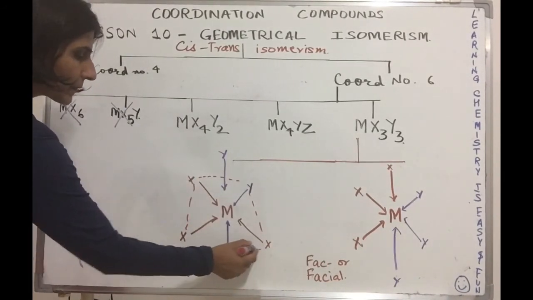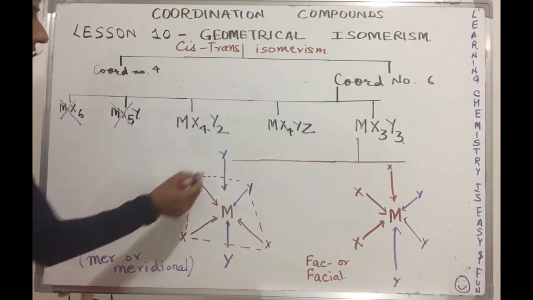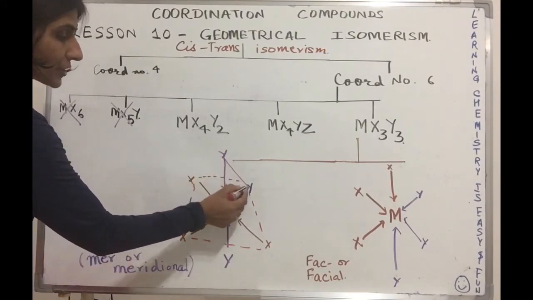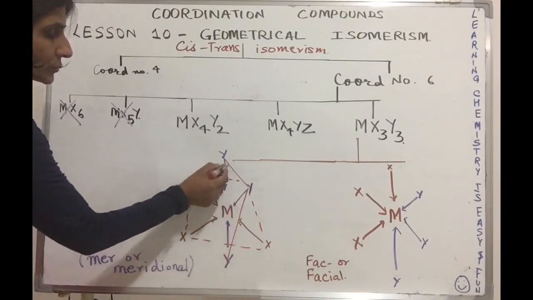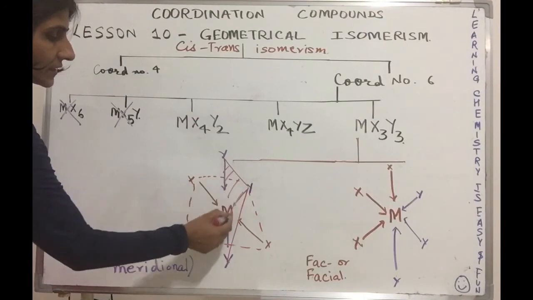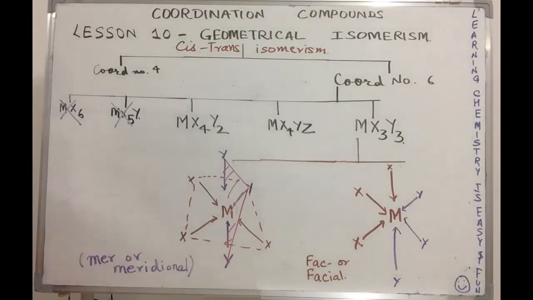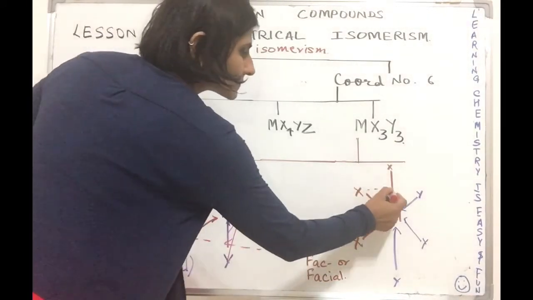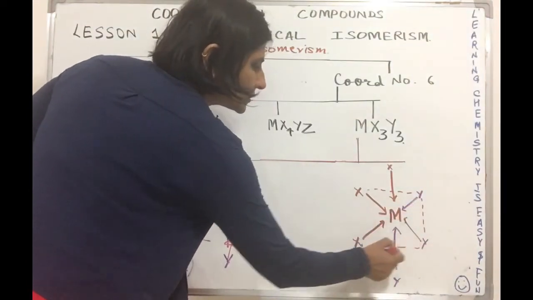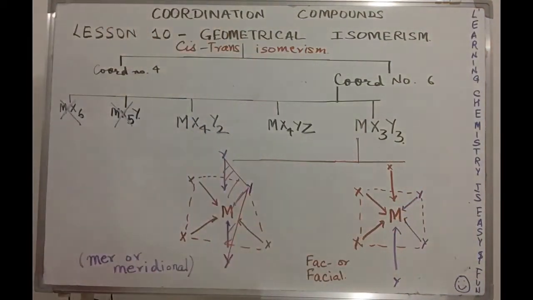Right? And then we've got to shade 1, 2, 3. This is my meridional, right? Sorry if I've got the pronunciation wrong. 1, 2, 3, 4 is in one plane.